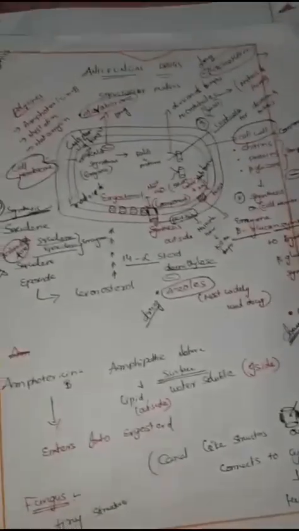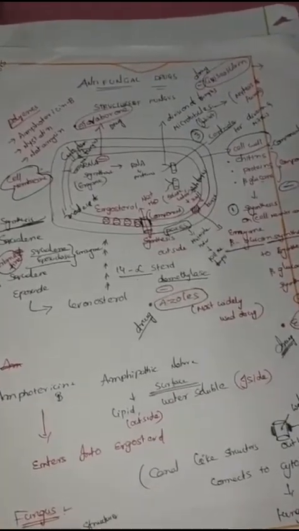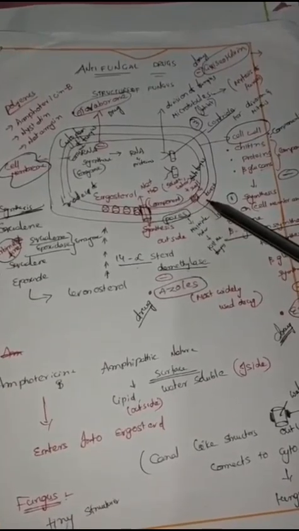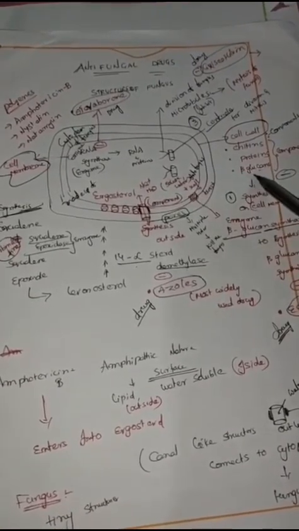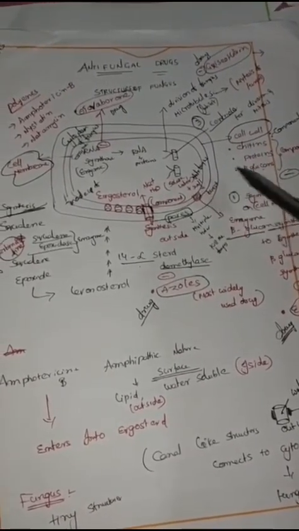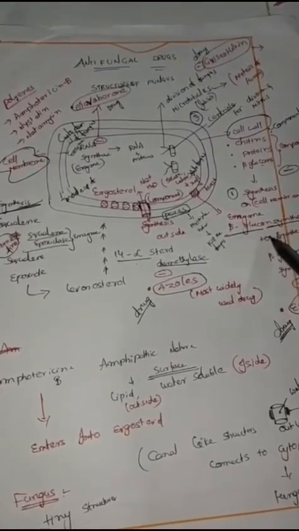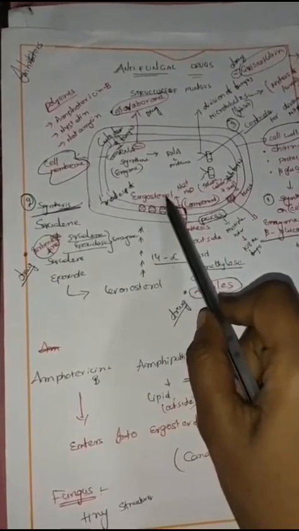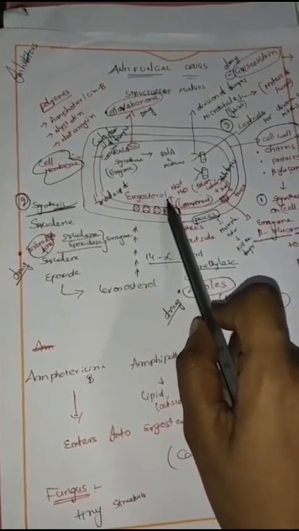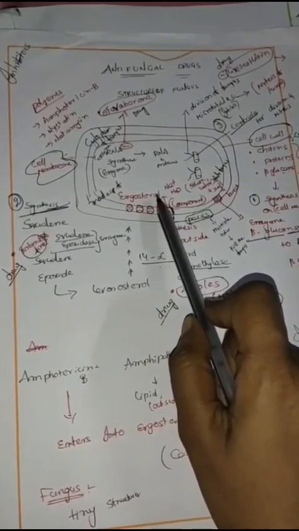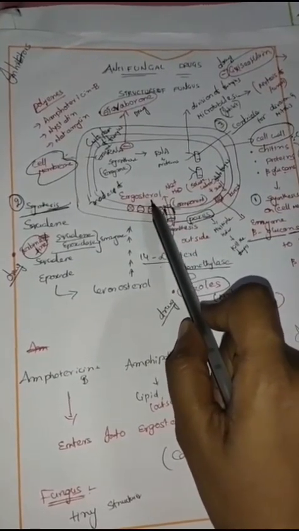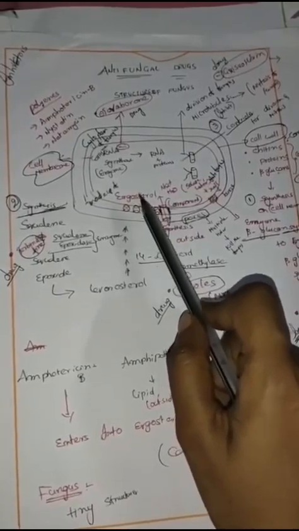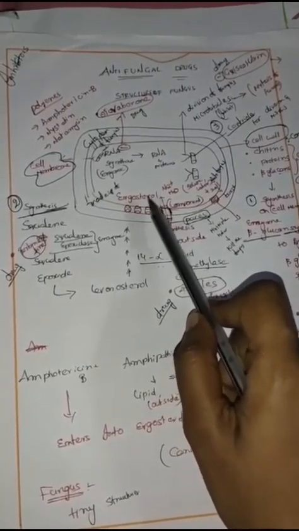So, understood now, my dear student. In the previous video I showed you the synthesis of the cell wall: for the synthesis of beta glucan in the cell wall, the responsible enzyme is beta glucan synthase. And for the synthesis of ergosterol, which is similar to mammalian cholesterol, ergosterol is a component of fungi and protozoa.